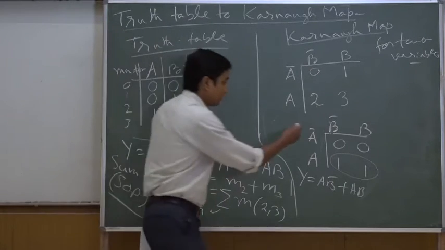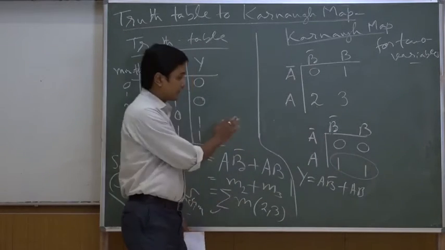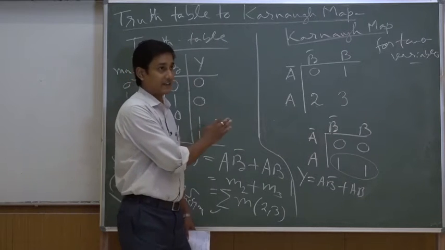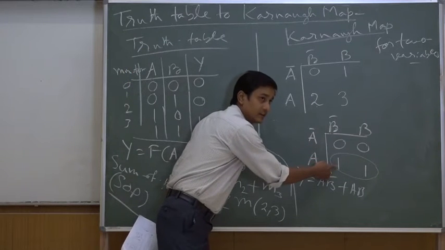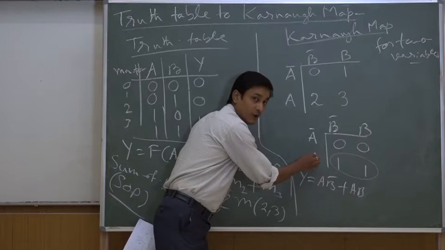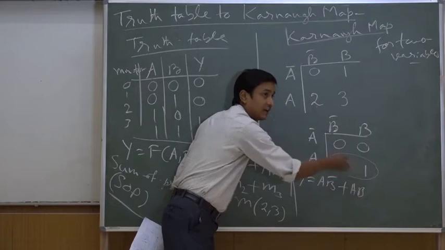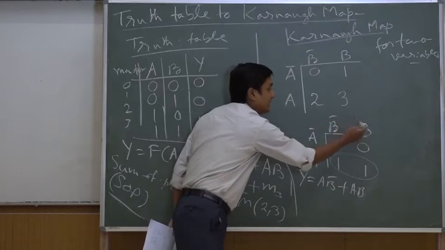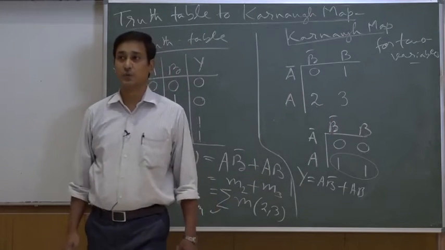If I group this together and look into this truth table, I can see here if A is 1, then this exists. It does not matter whether B is 1 or 0.